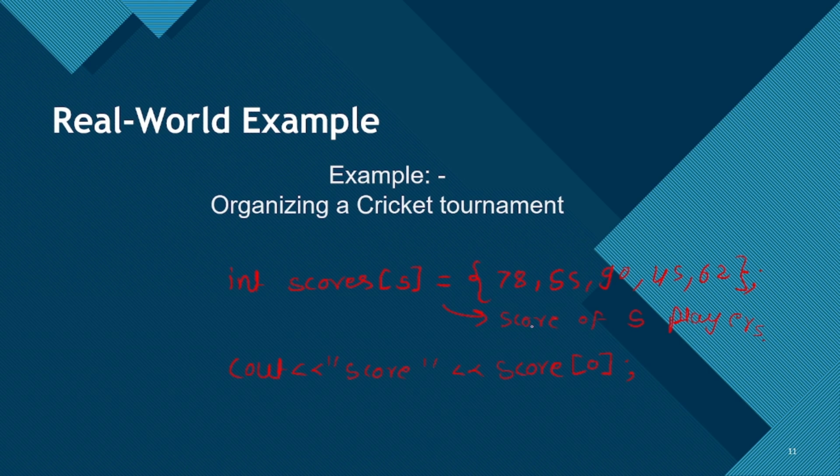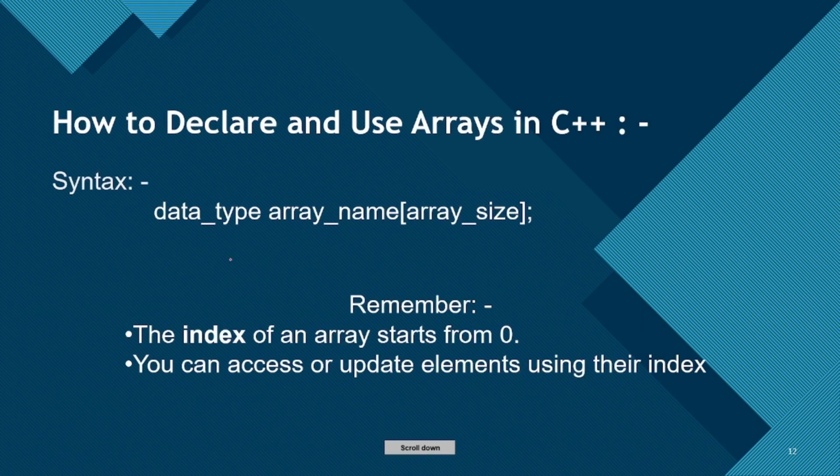So the next question is, how to declare and use an array in C++. So this is the simple syntax of representing an array. First you have to write the data type, that is integer, float, boolean, character, whatever you want, and then you have to give the name of the array and declare the array size.